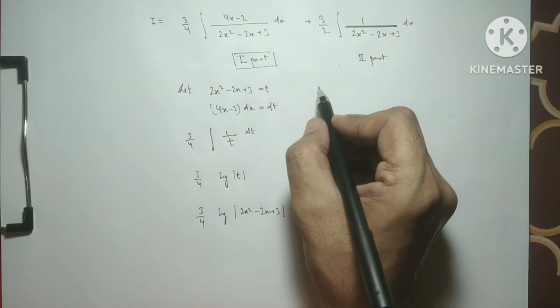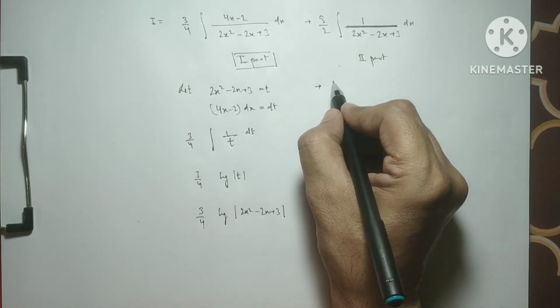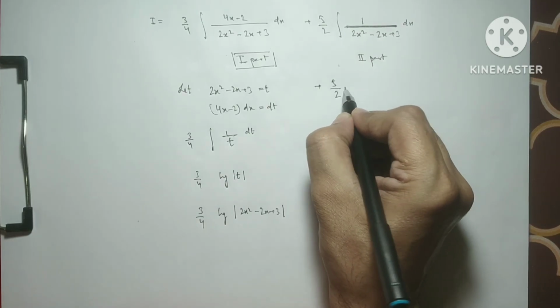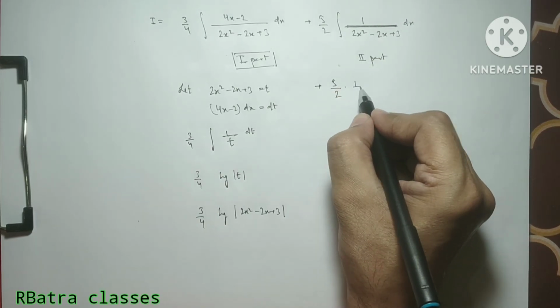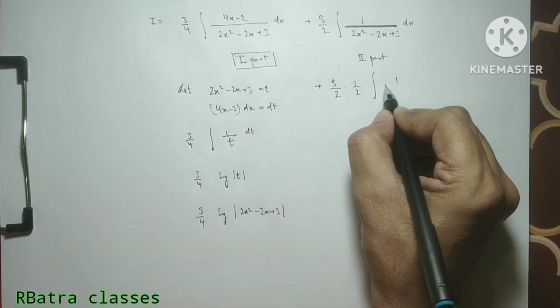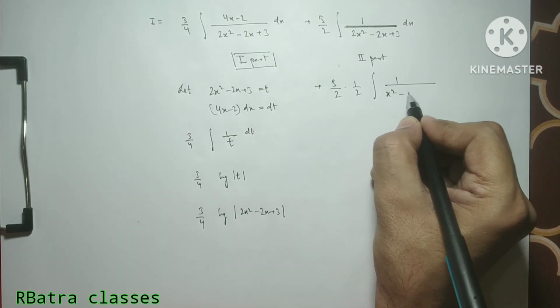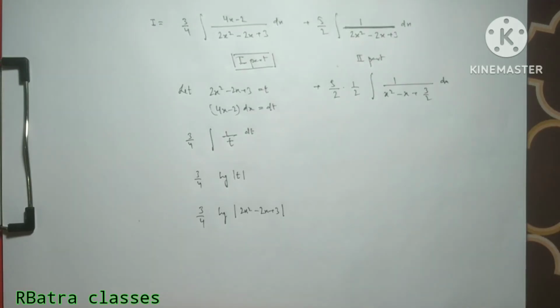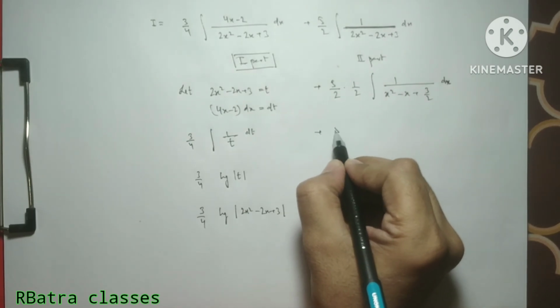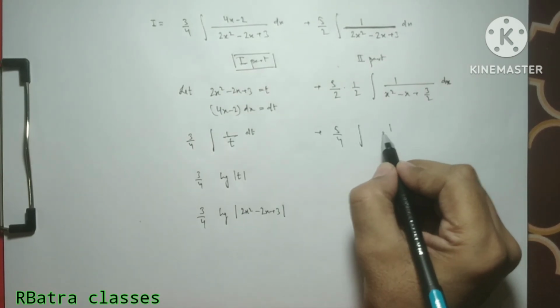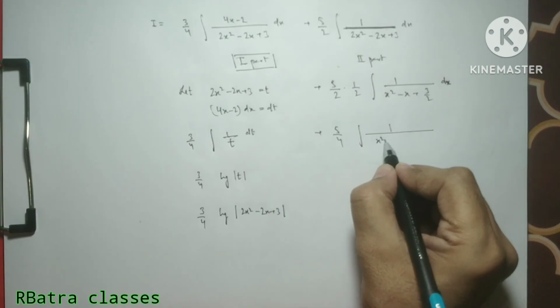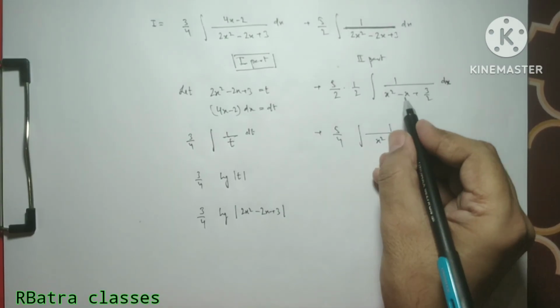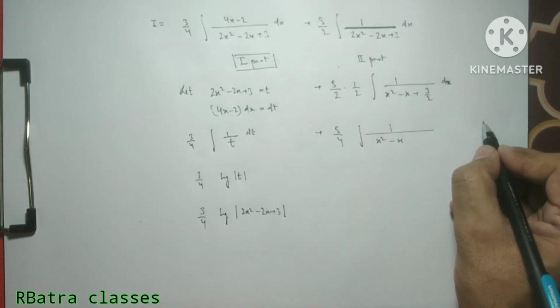But in the second part we use the perfect square method. First we take 2 common from the expression, and this becomes x square minus x plus 3 by 2. Using the perfect square method we take the coefficient of x, that is 1.